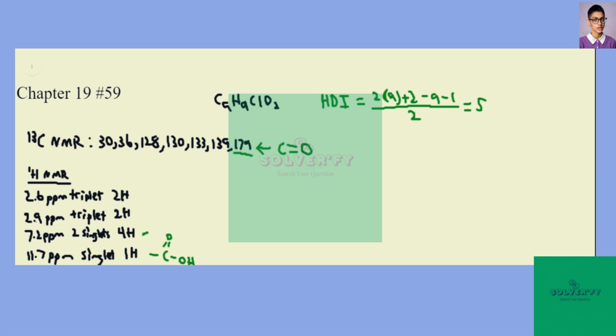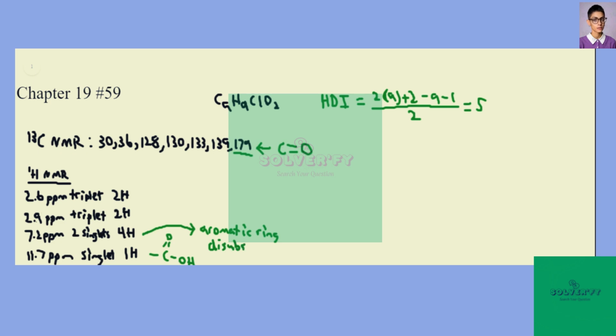So these are going to be the 4 protons of our aromatic ring. And since there are 4, remember, if there were 6, that would be just a benzene ring. 5 would be a monosubstituted ring, and this is 4. So this is a disubstituted ring.